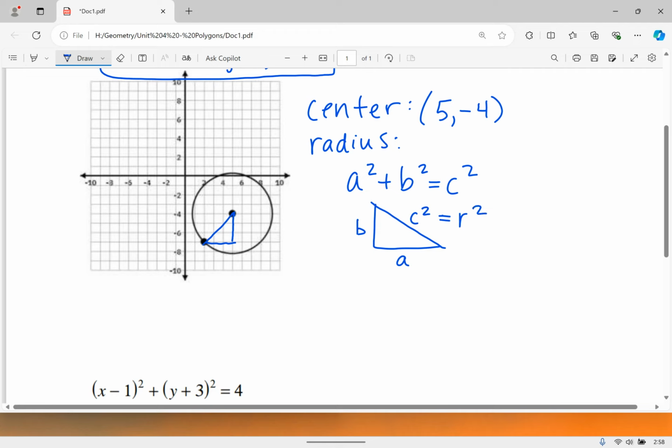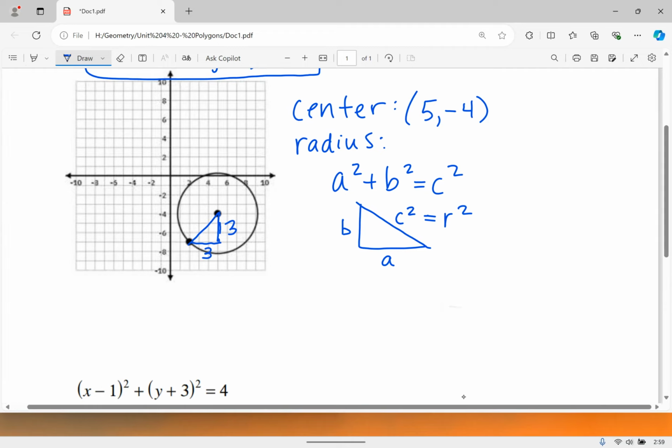Keep in mind, the hypotenuse is the same as the radius. So in this case, I'm going to go 3 down and 3 over. When I put that into the Pythagorean theorem, I will have 3 squared plus 3 squared equals the radius squared. That will be 9 plus 9, which will be 18.